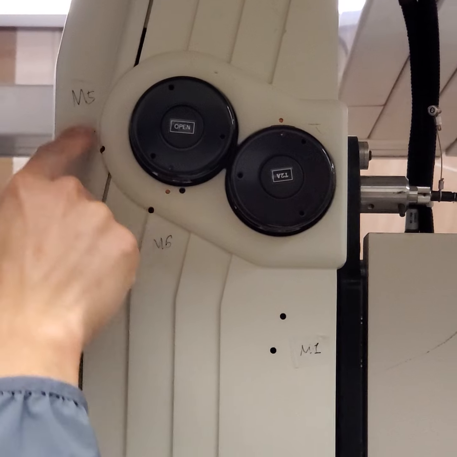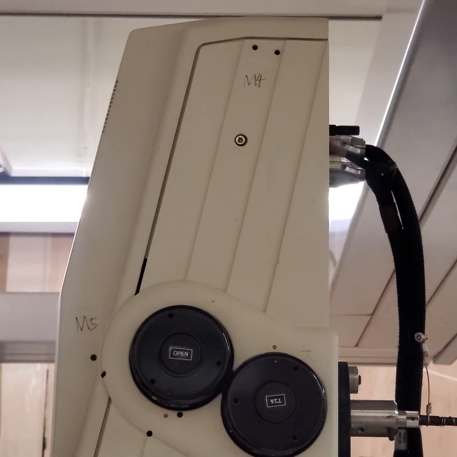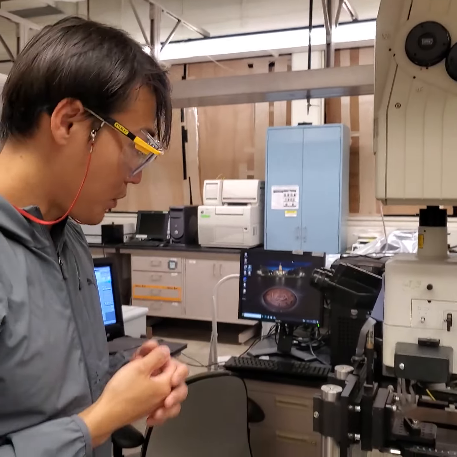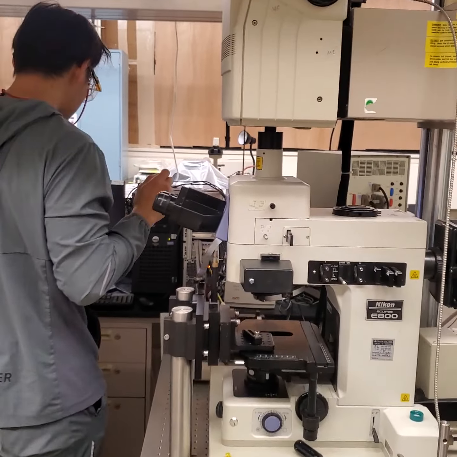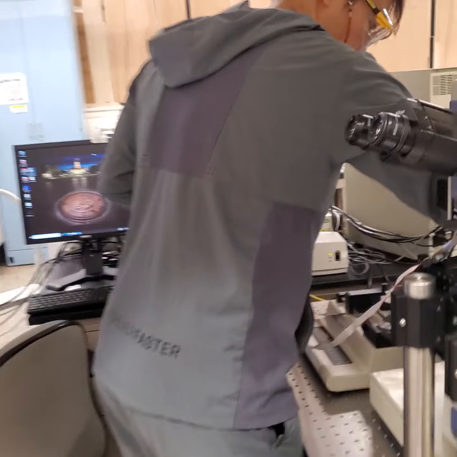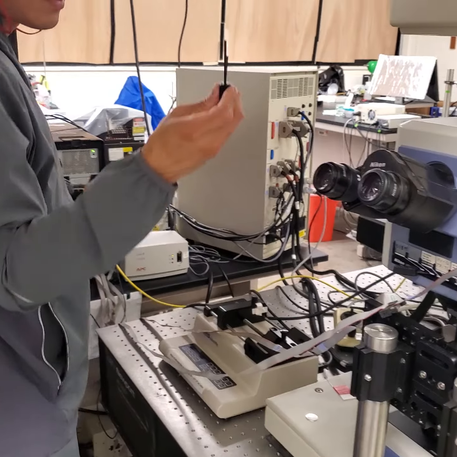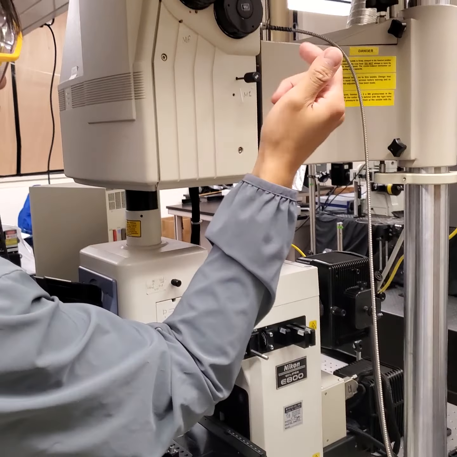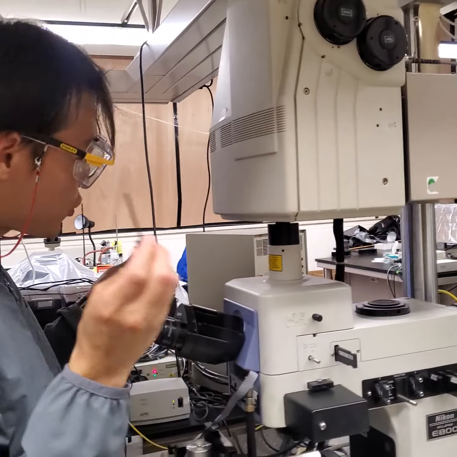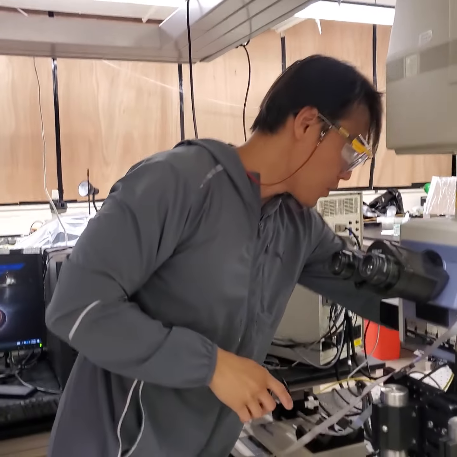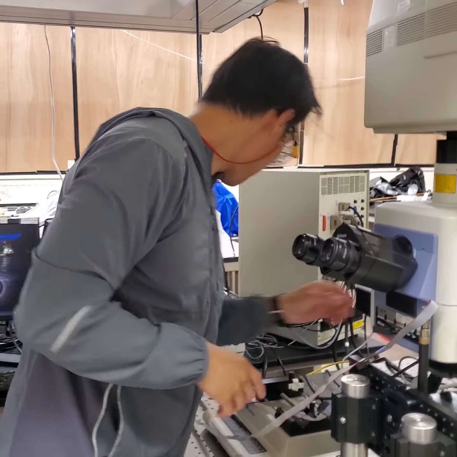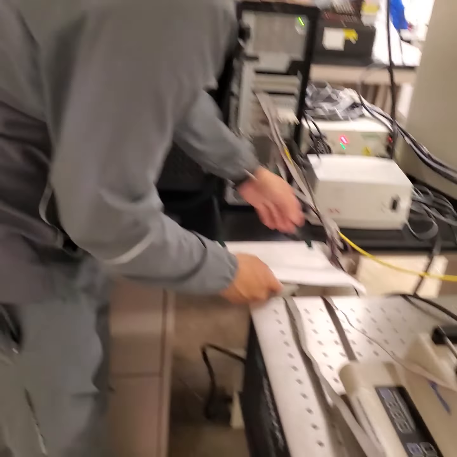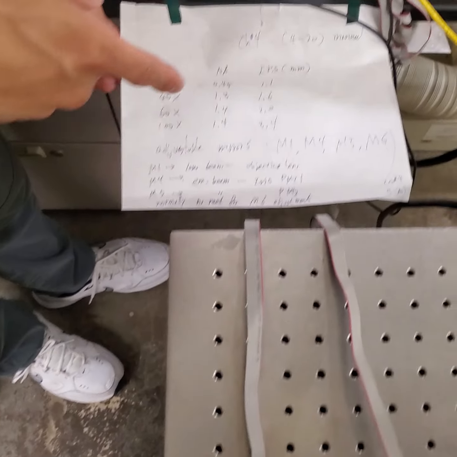And I labeled M1, M4, M5, and M6. Those are knobs for tuning if you think it's not very well calibrated. And there are the tools for the tuning. But I recommend not to do it. I just wanted to let you know. And there's a note I made.